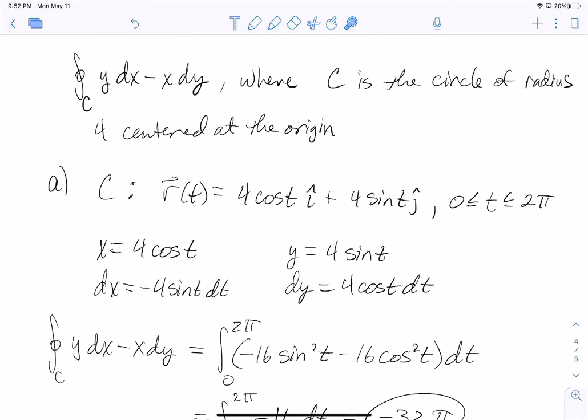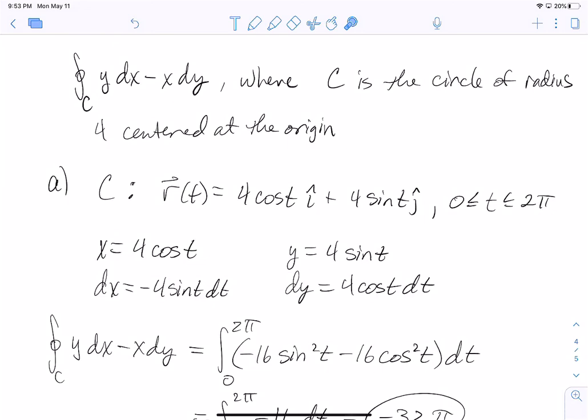x equals 4 cosine of t, so dx equals negative 4 sine of t dt. y equals 4 sine of t, dy equals 4 cosine of t dt. So y dx is equal to negative 16 times the sine squared of t, minus, because of the original integral, x dy, which is 16 times the cosine squared of t.